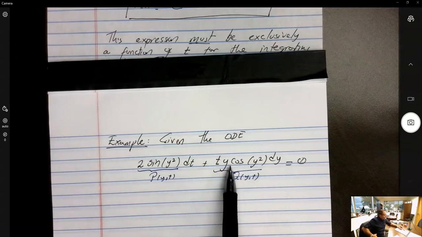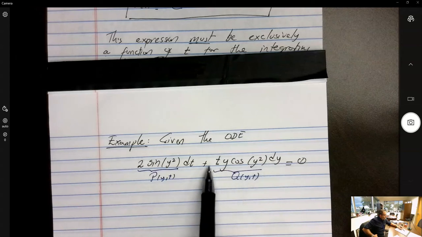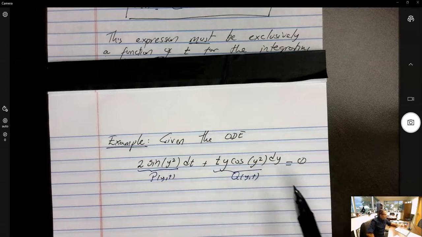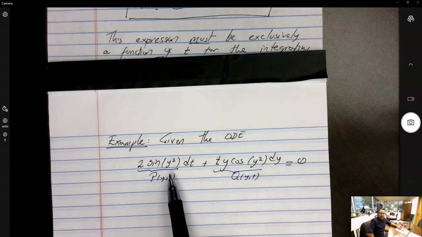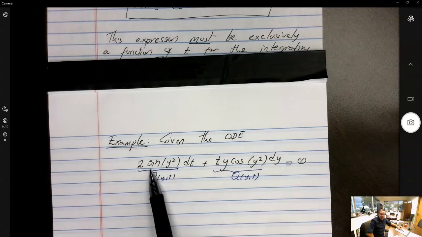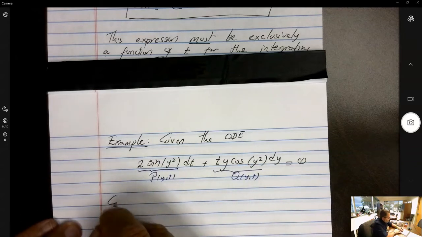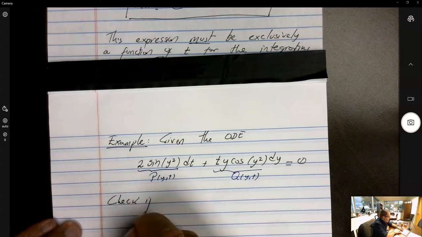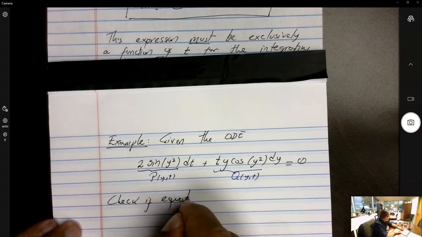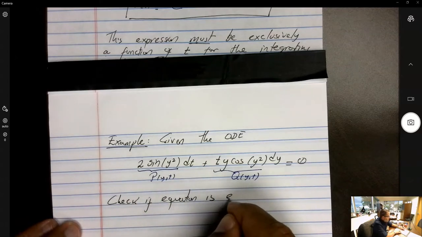So there's a way that I can take all the y's to one side and bring this 1 over t here to the left-hand side and try to integrate the cosine over the sine of y squared and so on. This is definitely a nonlinear equation. Not only is y squared, but it appears as the argument of a transcendental function, a trigonometric function on both sides. So now we're going to check if the equation is exact.